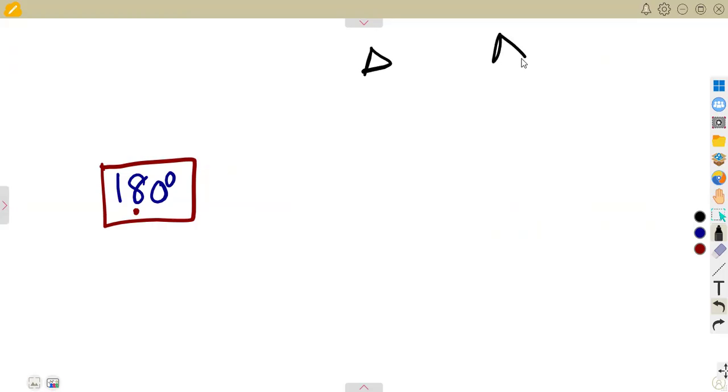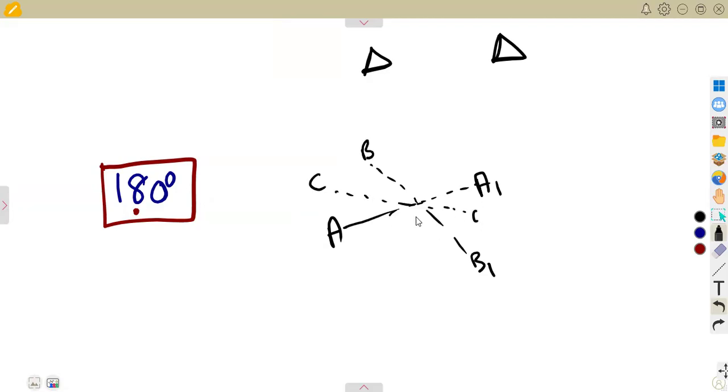Considering the object A, B, C and its image, if you join the point A to its image A1, you also join B to its image B1, and C to its image C1, you are going to see that this time all these lines that we are joining are going to intersect at a single point.